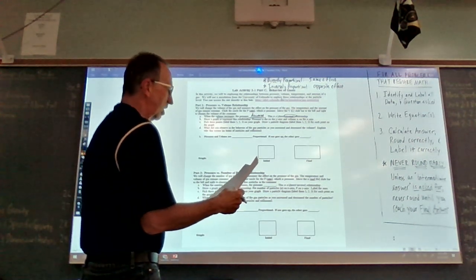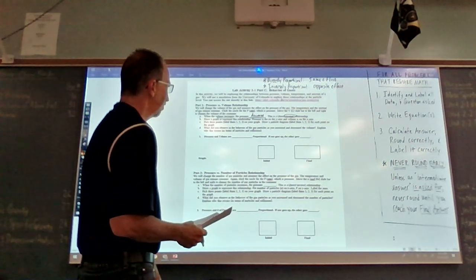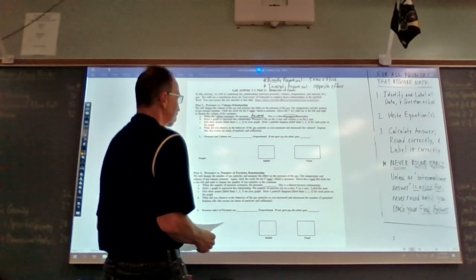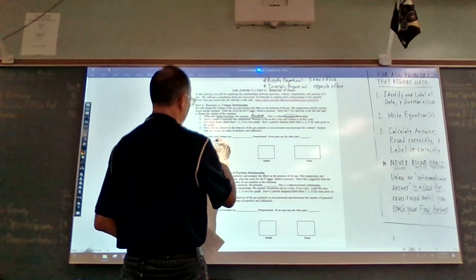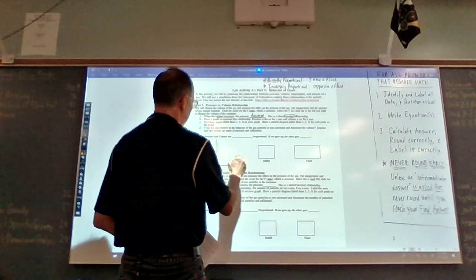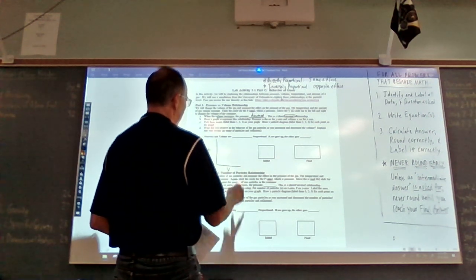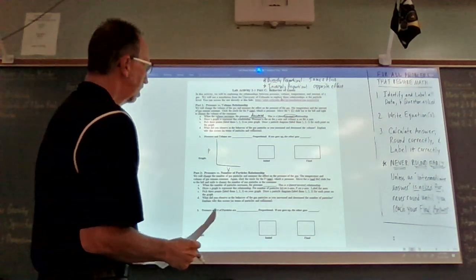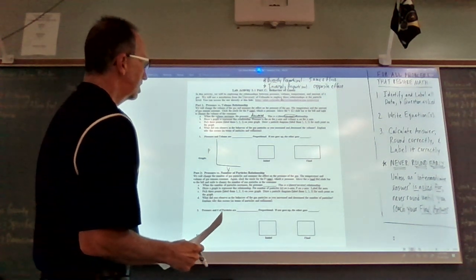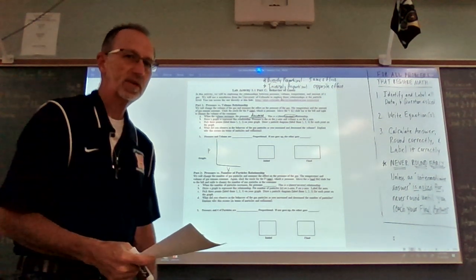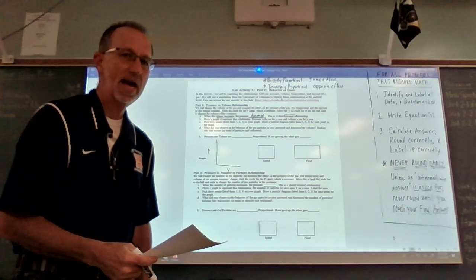So let's see then. So we're going to draw a graph to represent this relationship, pressure on the y and volume on the x. So here we go, little graph here, pressure on the y, volume on the x. Inverse relationship. You remember how that graphs?